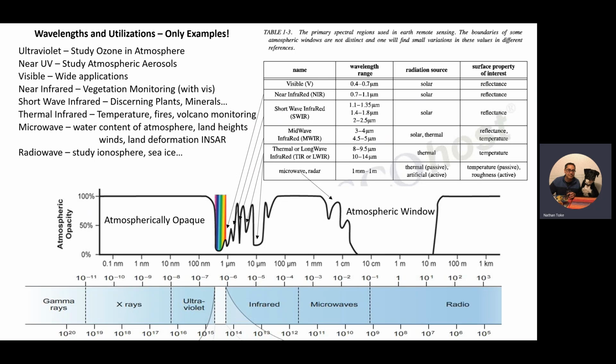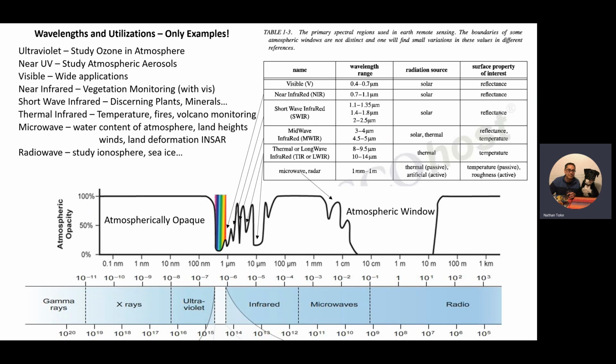So if we have data from shortwave infrared, we can potentially start to do geologic mapping from remote sensing. Thermal infrared, of course, is measuring heat, and so we can extract temperature. We can easily identify fires and active volcanic activity.